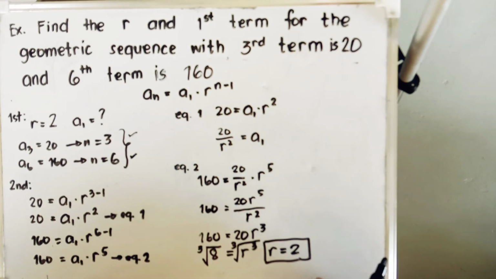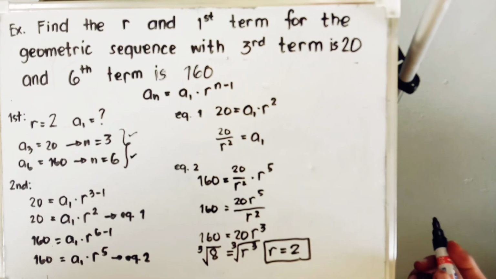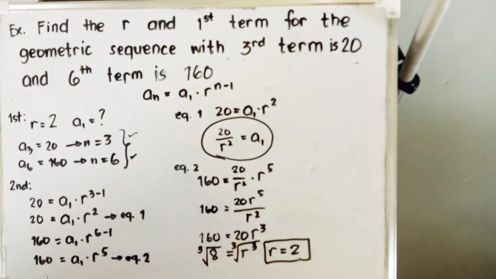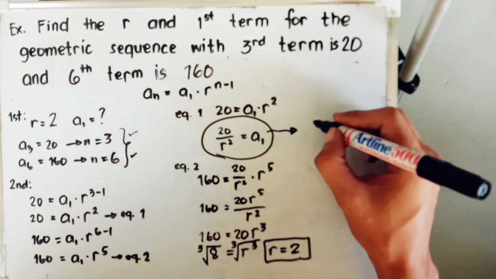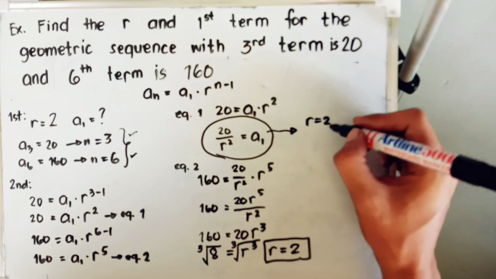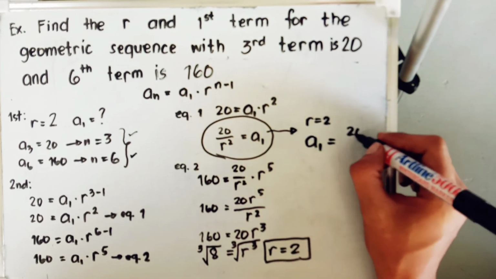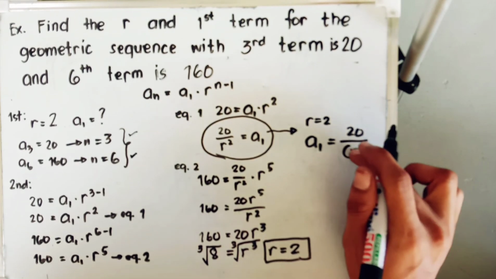So since we are done finding the common ratio, we can now find a sub 1. How? Let's just use this given equation. So we have to substitute r is equal to 2. Therefore, a sub 1 is equal to 20 over r to the power of 2.